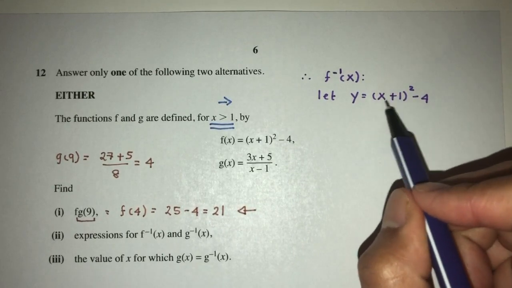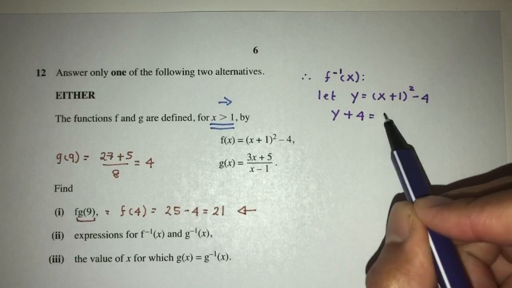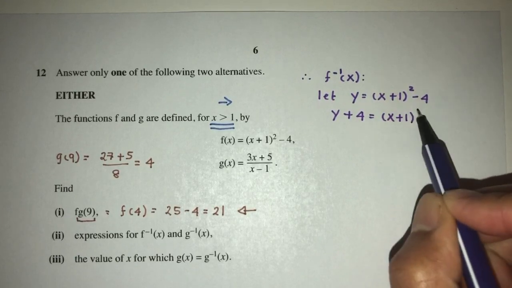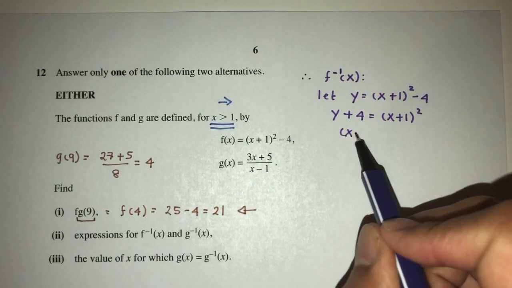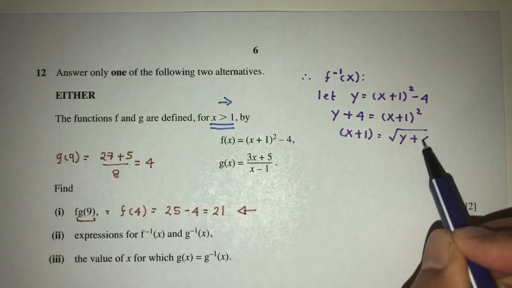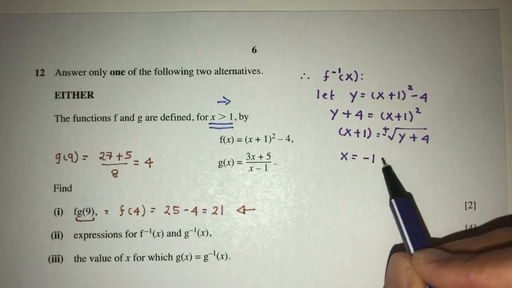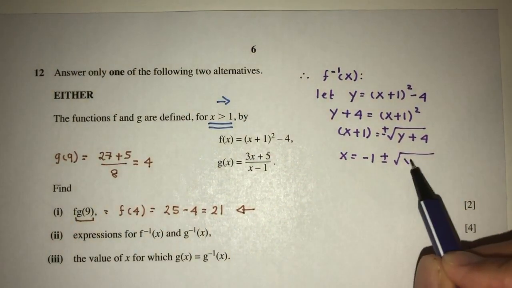Now we have to make x the subject of the formula, so that will be y plus 4 equal to (x plus 1) squared. Now x plus 1 is equal to the square root of y plus 4. So x has to be minus 1 plus or minus the square root of y plus 4.